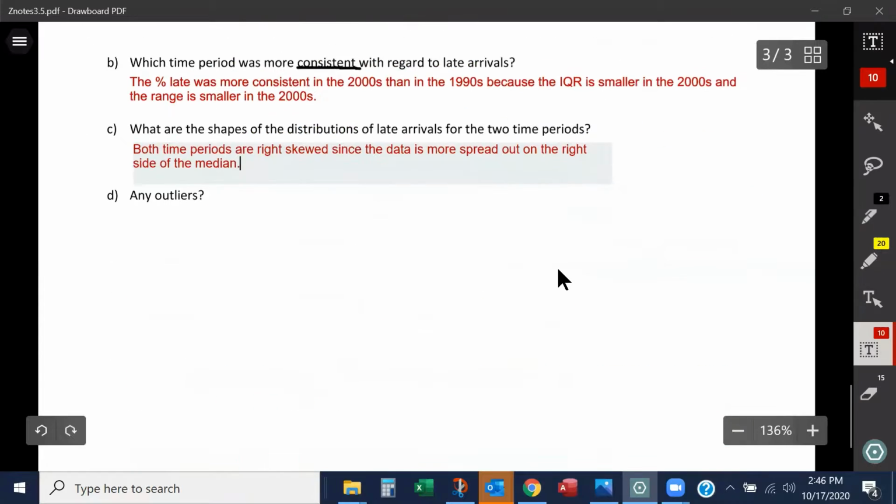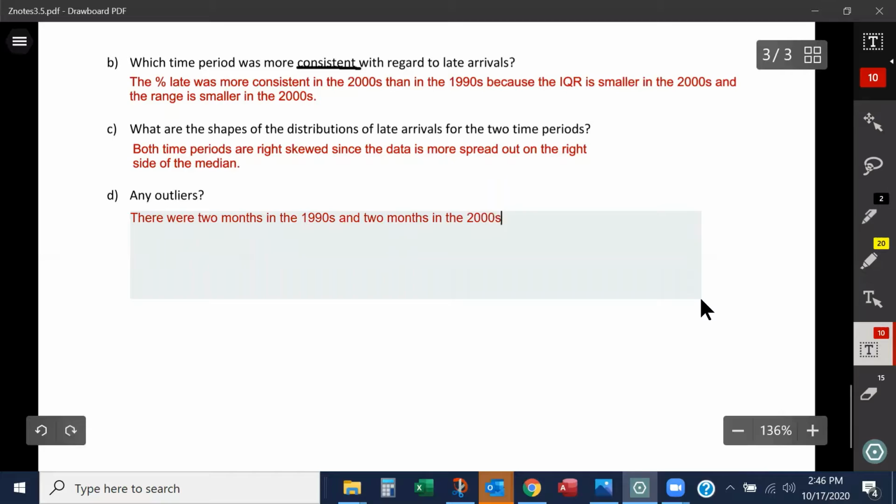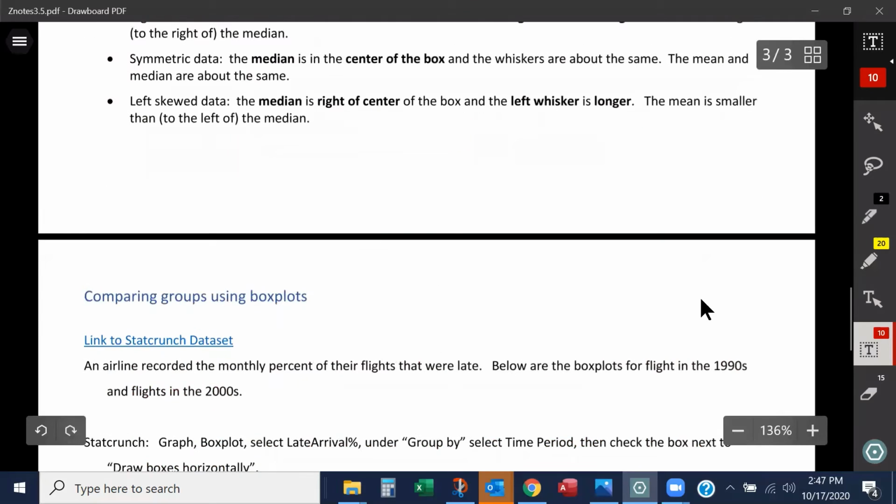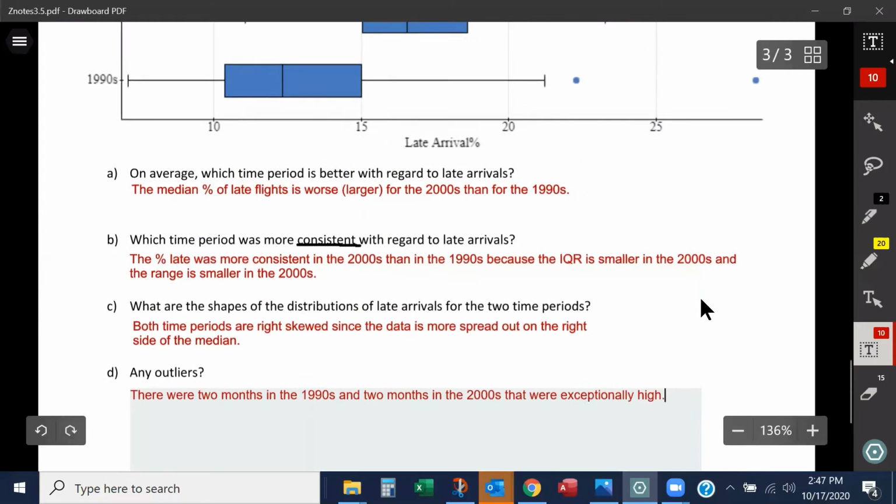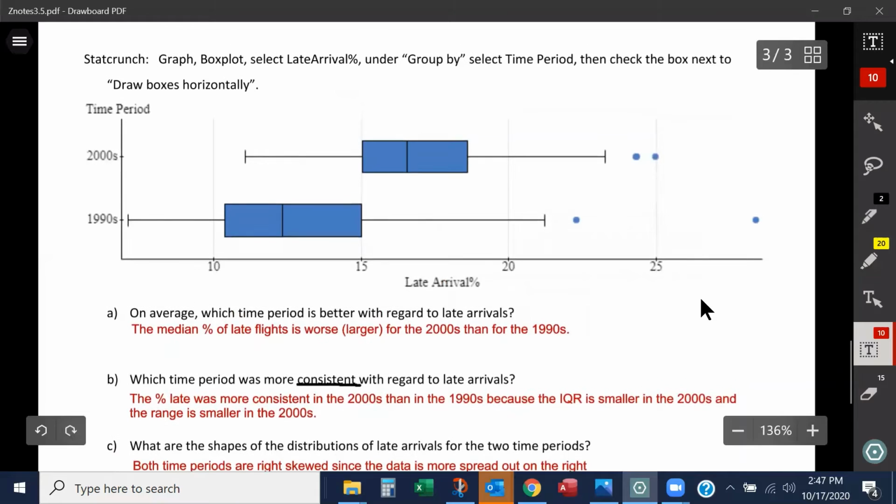So there were 2 months in the 90s and 2 months in the 2000s that were exceptionally high, compared to the rest of the data from those time periods. All right, so that's the interpretation of this box plot.